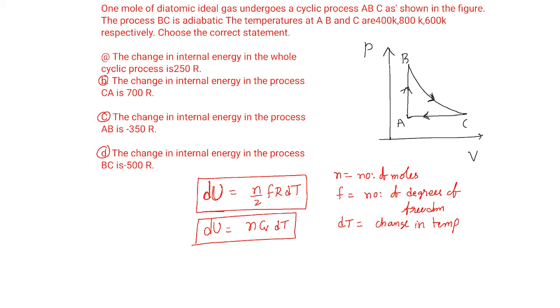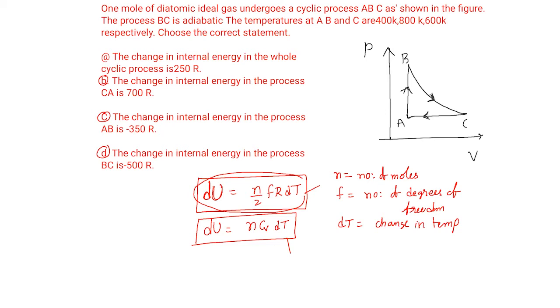Okay, so you can use this formula or this formula: n/2 f R dT, or else n Cv dT. If you go with the first formula, internal energy is a state function, and it depends only on the temperature.